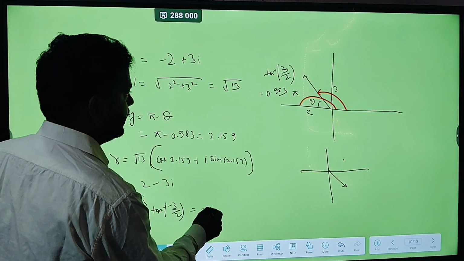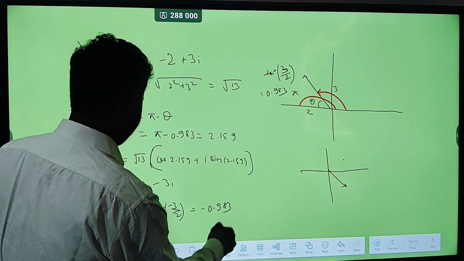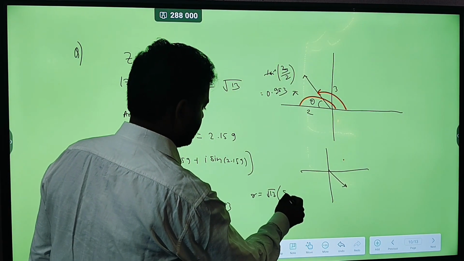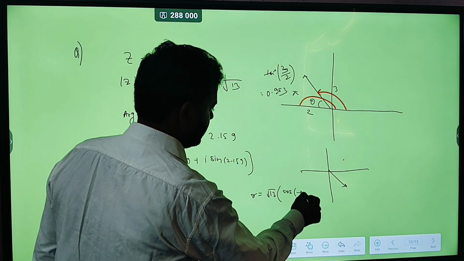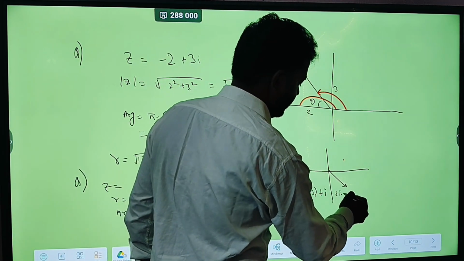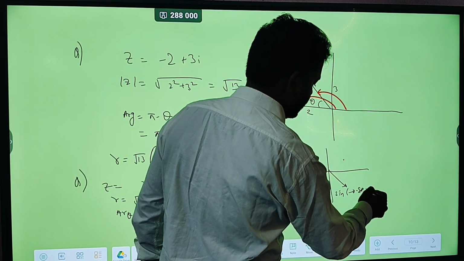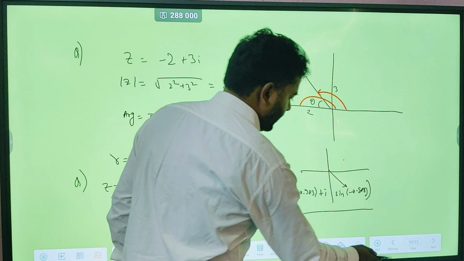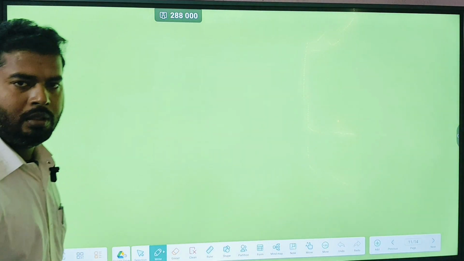So tan inverse of minus 3 by 2 will be minus 0.983. So your expression will be root 13 times cos of minus 0.983 plus iota sine of minus 0.983, right?